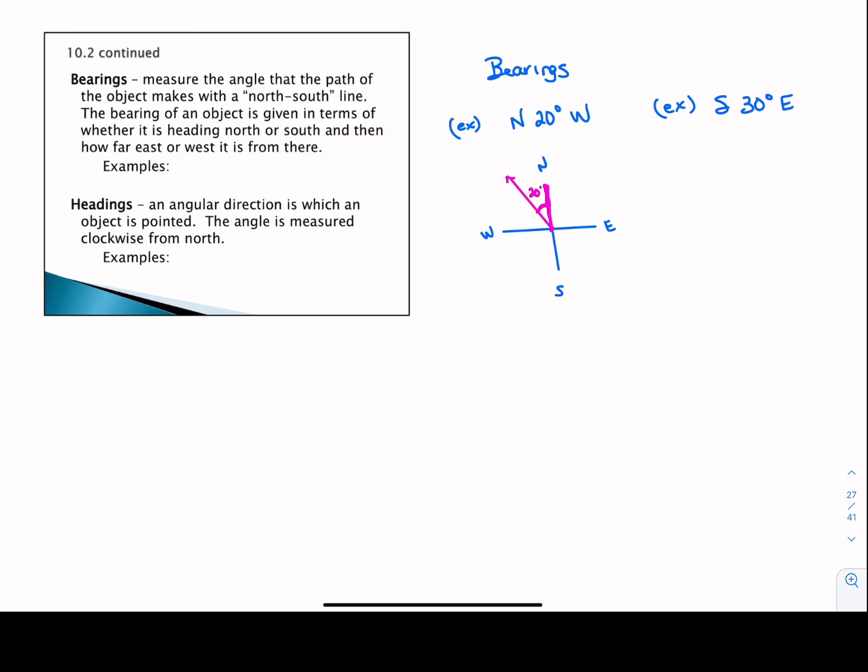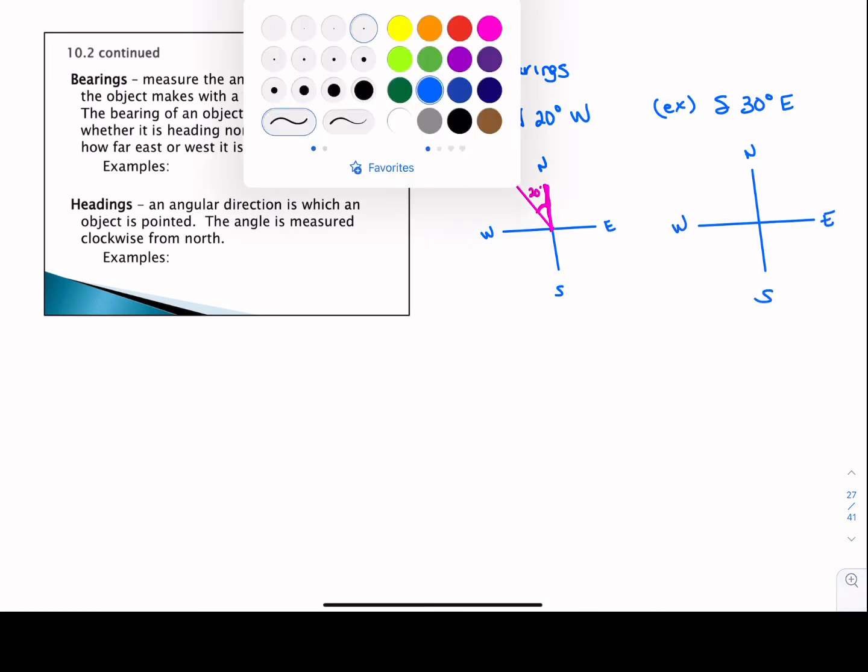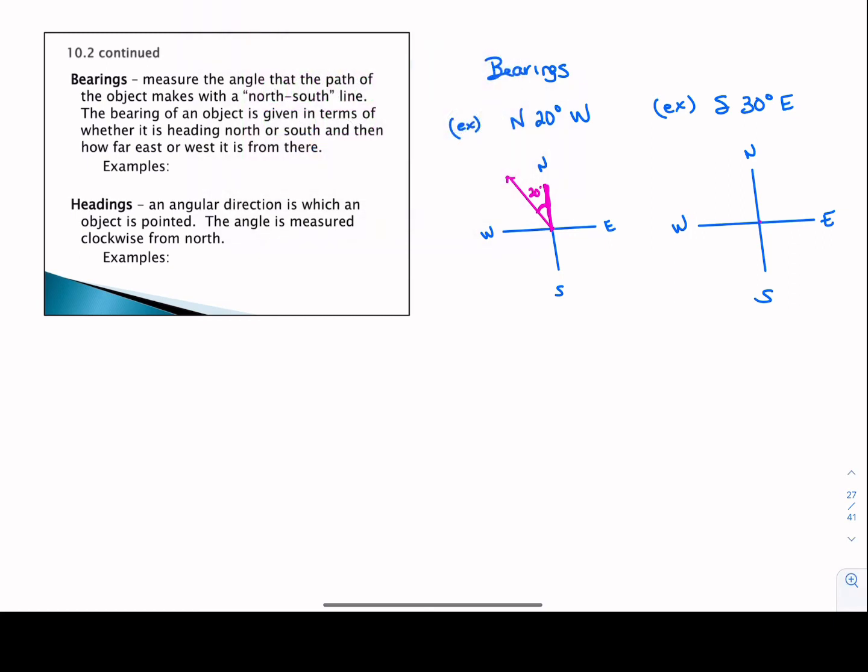If we do the same thing and try and locate south 30 degrees east, or what direction of travel that would be, once again, you start with your north, south, west, east plane. And this time, instead of heading north, we are going to start from the origin and head south. So we're heading south or downwards. Then we want to swing to the east.